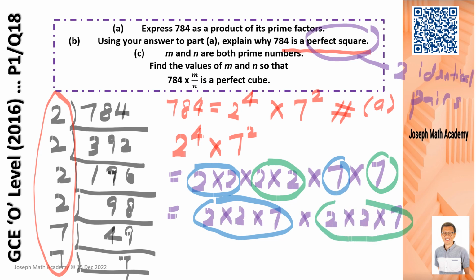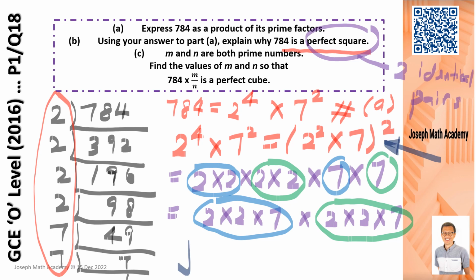That is the meaning of perfect square. So 2 to the power of 4 times 7 to the power of 2 can be written as, let me write it down in index notation, 2 squared times 7, the whole thing squared.